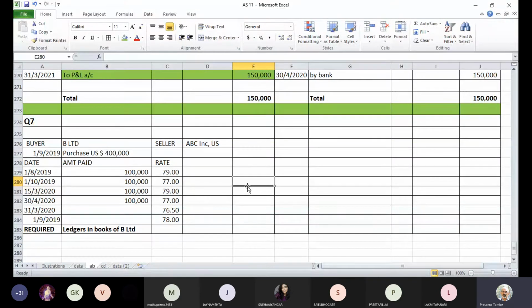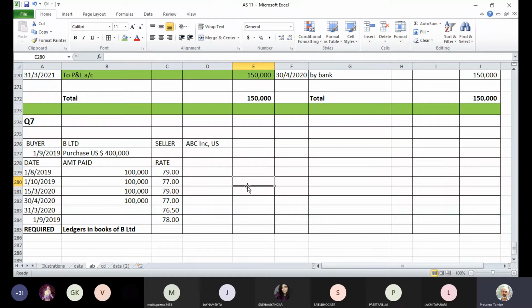So we are talking of import purchase. Buyer B Limited has purchased goods worth $4 lakh from the seller. The seller is a US based party. The date of purchase is 1st September 2019 and the transaction value is $4 lakh.